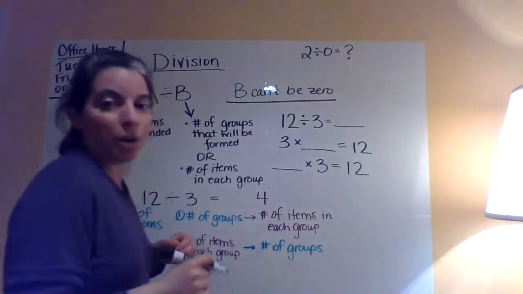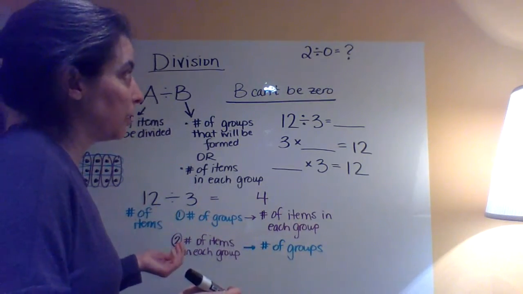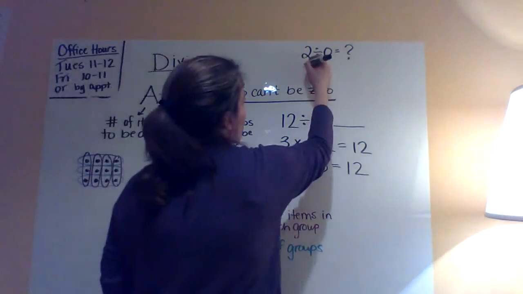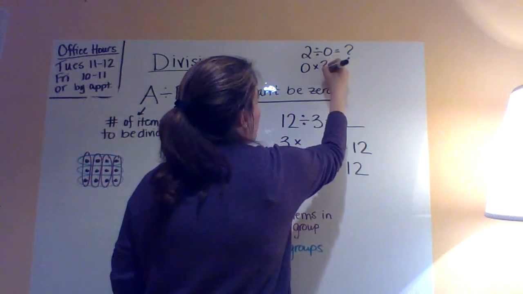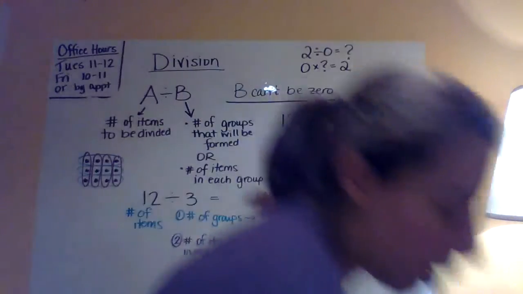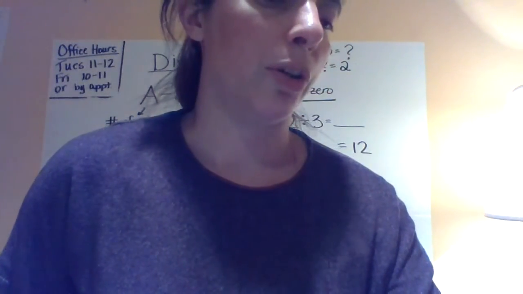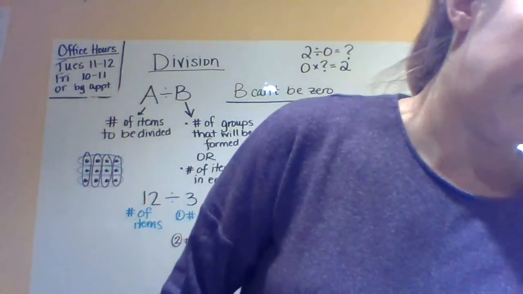So 2 divided by 0 is some unknown number. Well, what if I flip it around to a multiplication problem? One way to write this is that 0 times some unknown number has to equal 2. So think about that for a minute.